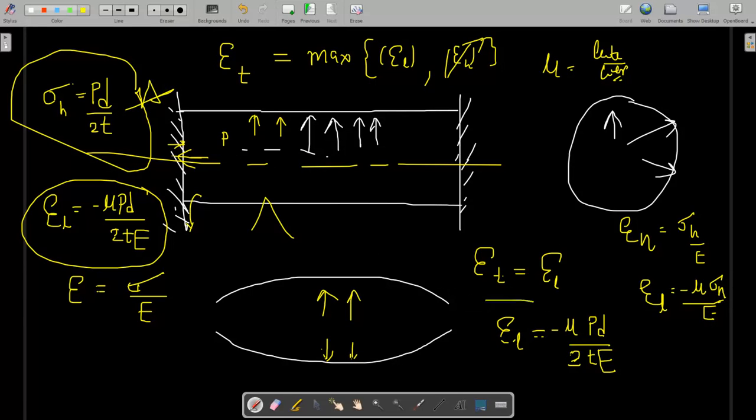So I got the longitudinal strain, and I can write D by 2 as R, the radius of the cylinder, so minus mu P into R divided by tE.